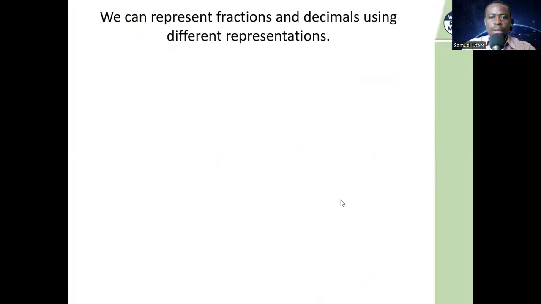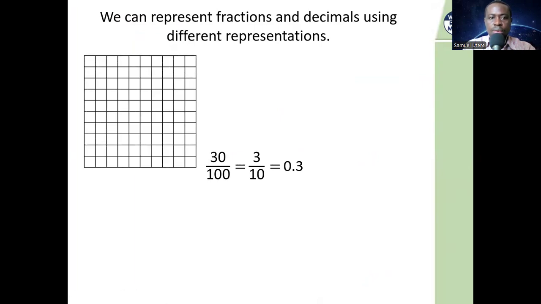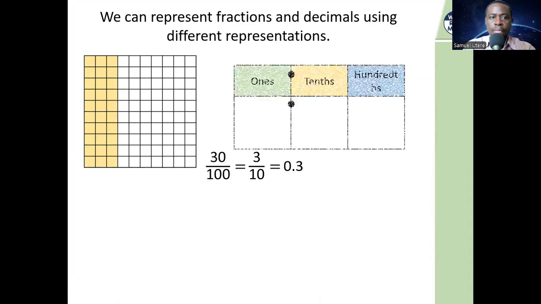Okay, let's do some new learning. You've done some practice. It is important for you to know that we can represent fractions and decimals using different representations. We can represent them in this form as a fraction and as a decimal. We can represent them as squares, as a diagram, and we can represent them in a place value chart.